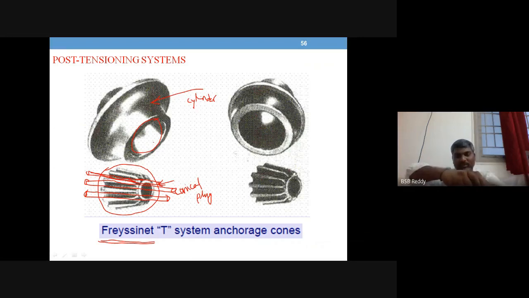What happens is it is going to have a grip, and when the bar is being pulled, this is going to grip it with its friction action. The main advantage of the Freyssinet system is that a large number of wires or strands can be simultaneously tensioned using the double acting jack.